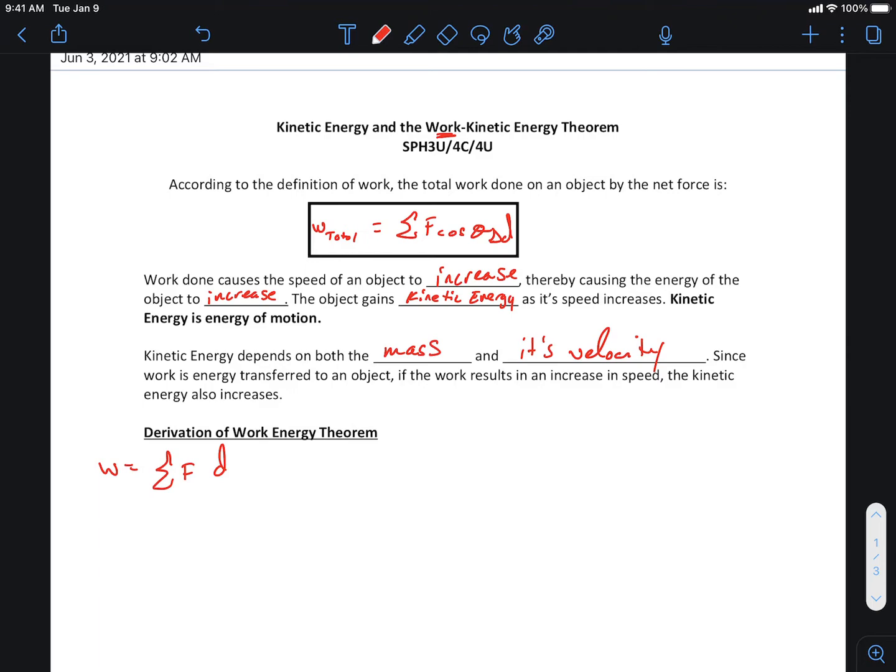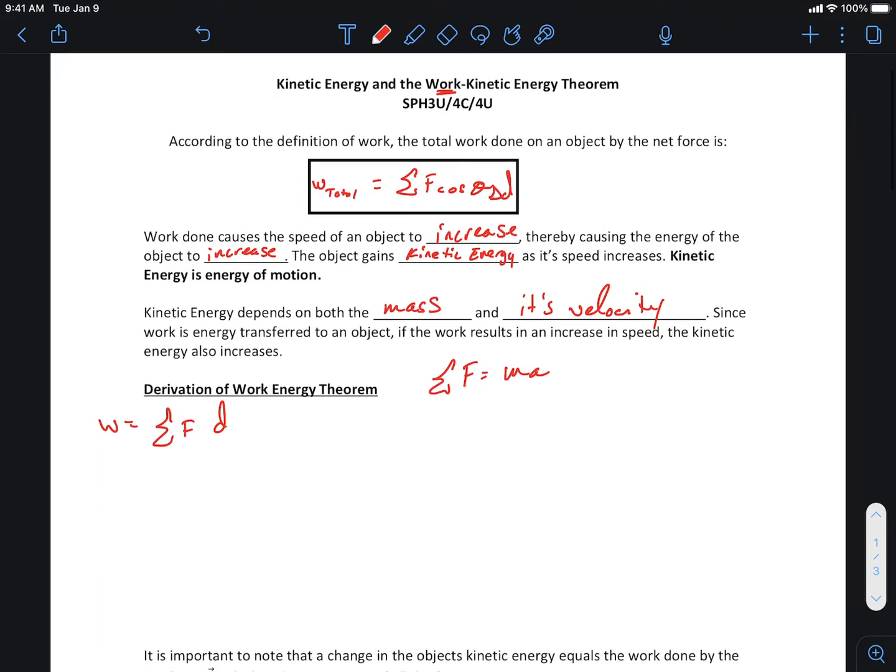And so when I write down the sum of the forces, you should be thinking, oh, the sum of the forces from Newton's second law is ma. So why can't I take that and put it in here, right?